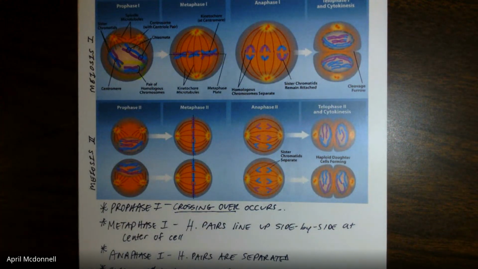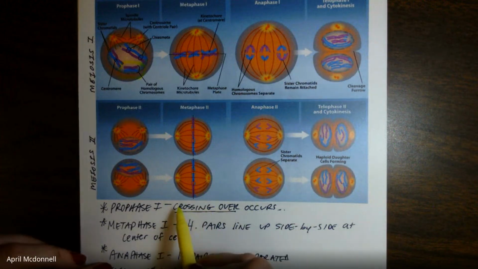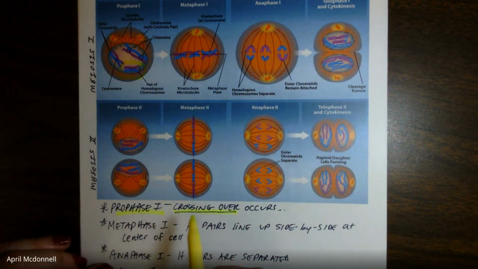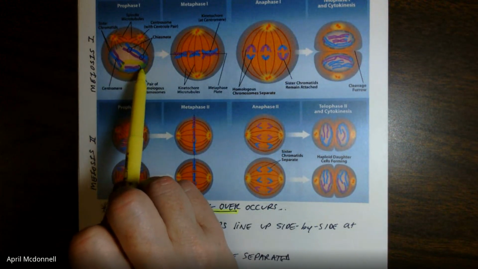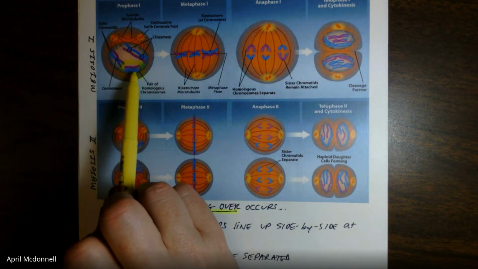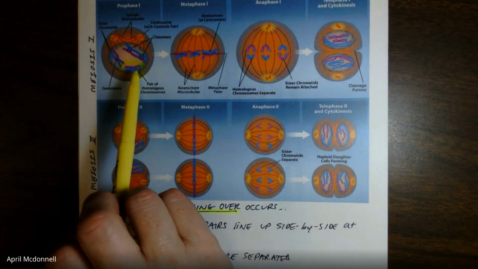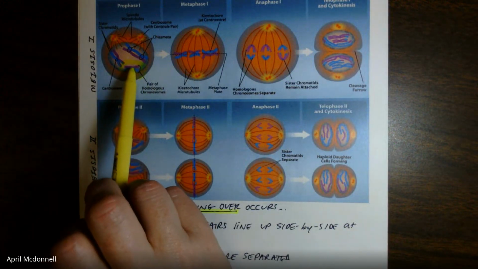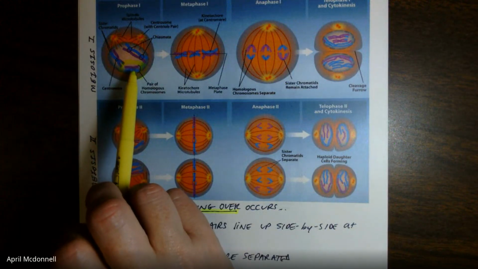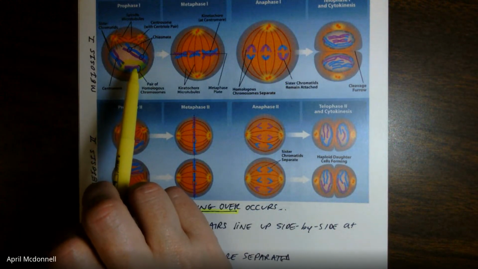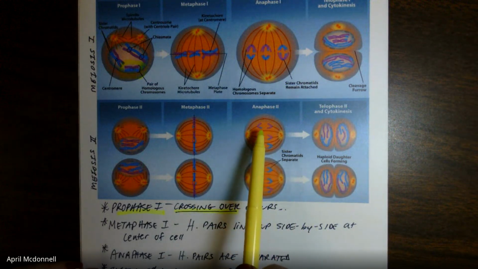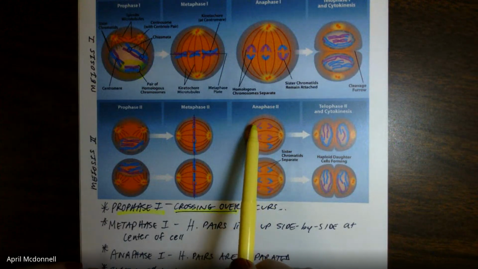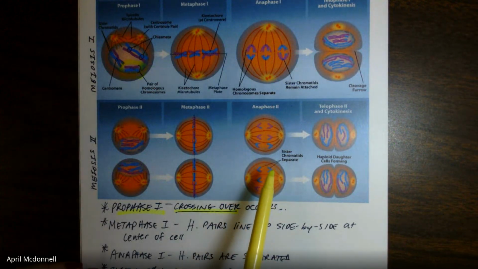So during prophase 1, an event called crossing over occurs. Crossing over is when a homologous pair of chromosomes get side by side and exchange little segments of DNA with each other. For example, the blue and the purple chromosomes will exchange blue and purple segments. You can see that demonstrated in another cell right here, a purple chromosome with a blue tip.